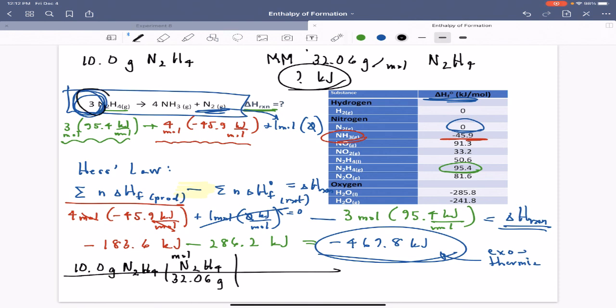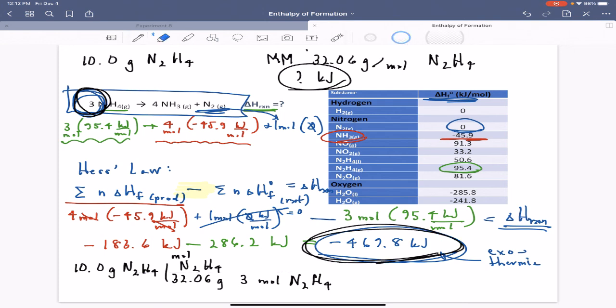And now I'm going to use this coefficient 3: every time 3 moles of hydrazine are combusted, this energy that we found, negative 469.8 kilojoules, is produced, and find out how much energy is produced.